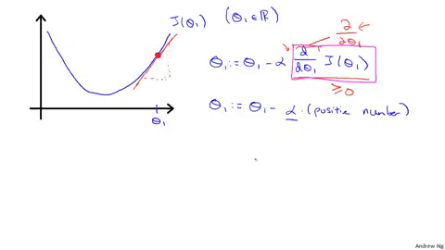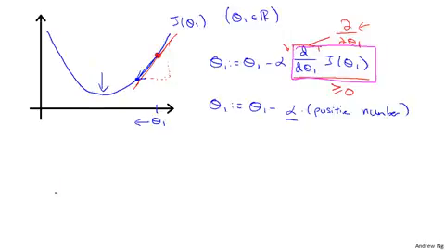So theta 1 gets updated as theta 1 minus something. So I'm going to end up moving theta 1 to the left. I'm going to decrease theta 1. And we can see this is the right thing to do because I actually want to head in this direction, to get me closer to the minimum over there. So gradient descent so far seems to be doing the right thing.